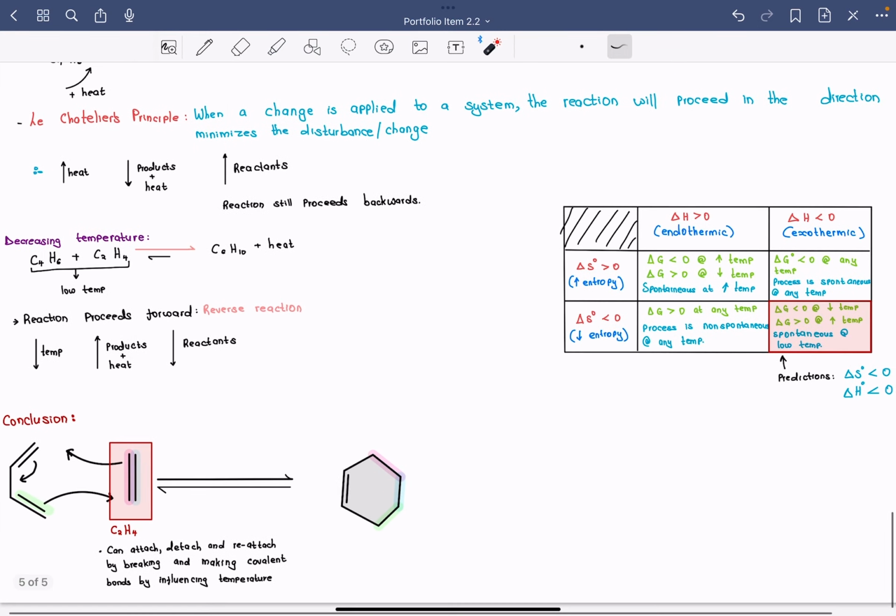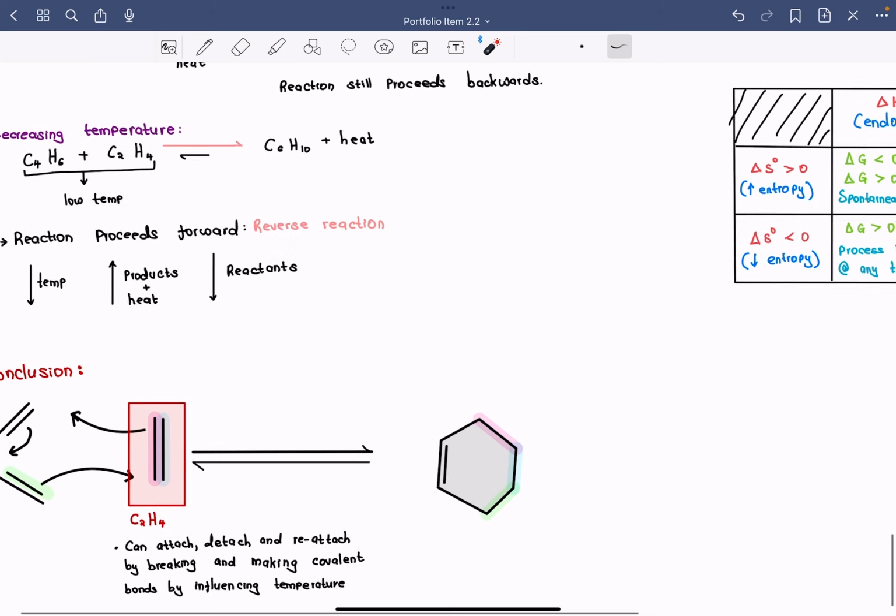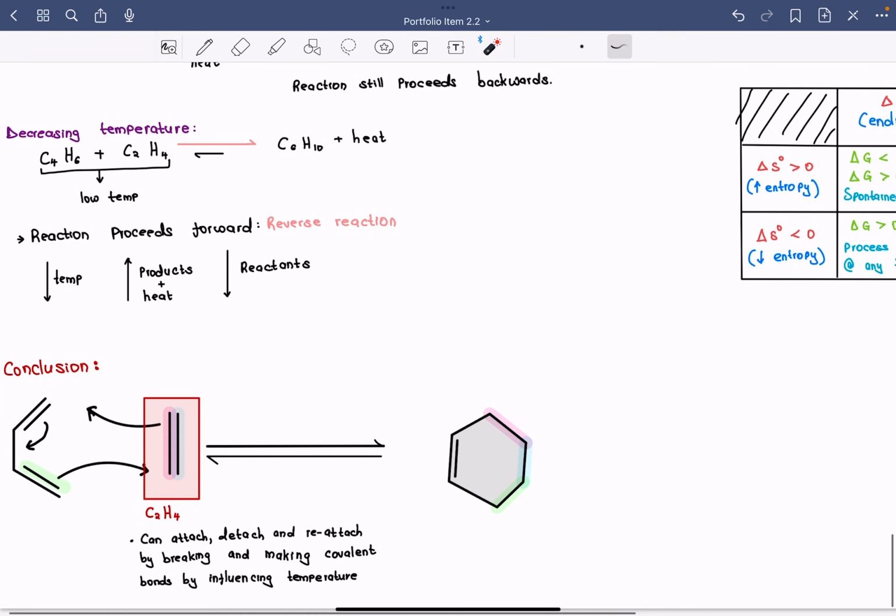And so we can conclude that by manipulating the temperature, we can attach and detach a particular molecule to form either products or reactants. In this equation, I predicted that C2H4 can attach, detach, and reattach by breaking and making covalent bonds by influencing the temperature.